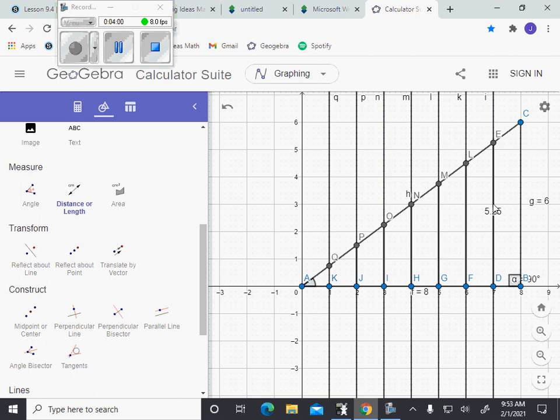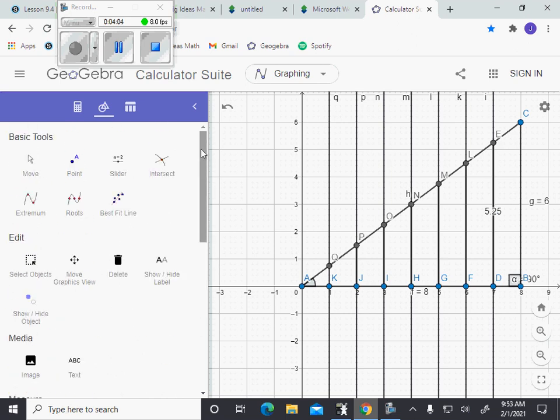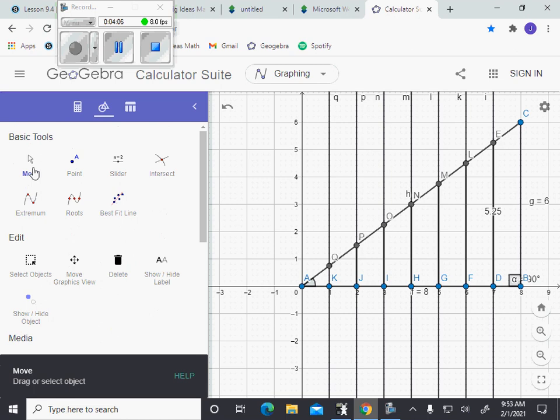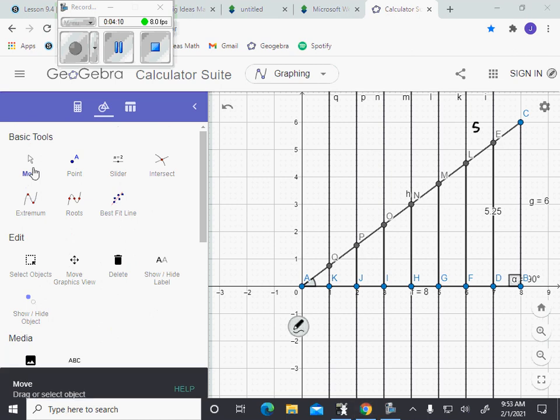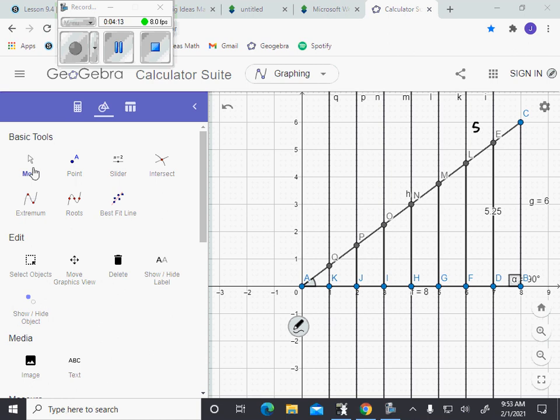It says 5.25. Oh, it's at (7, 5.25), so 5 1/4. So my tangent of A, this angle here, is 5.25 over 7.